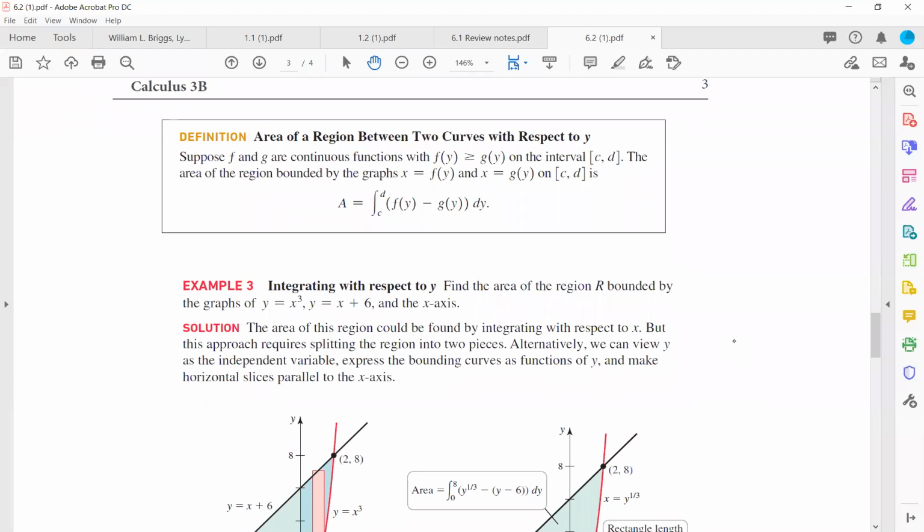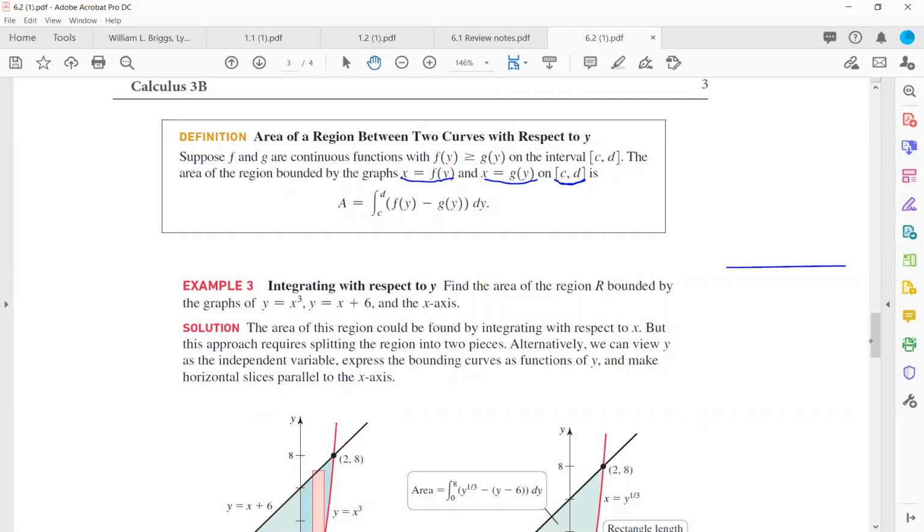The formula stays the same. The area is equal to the integral of f of y minus g of y dy. So here you have your functions with respect to y, and your y value ranges between c and d.